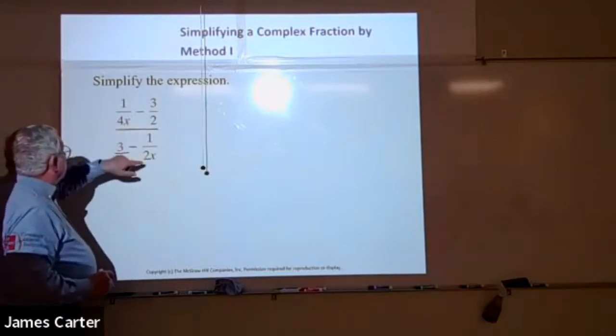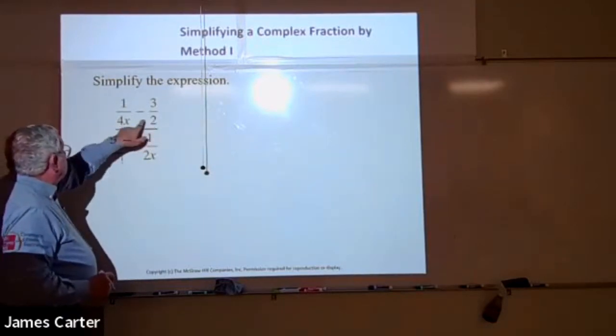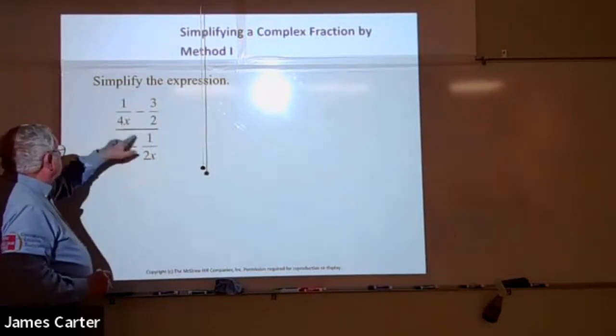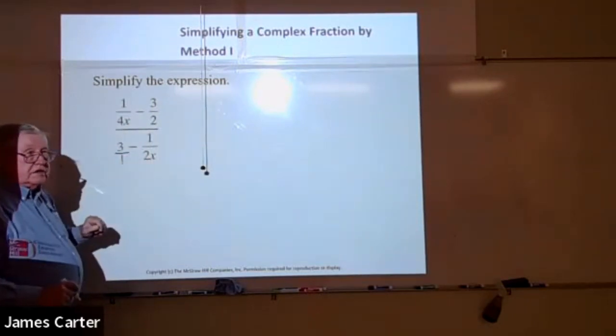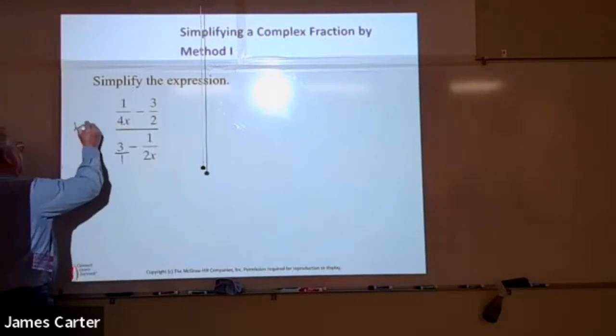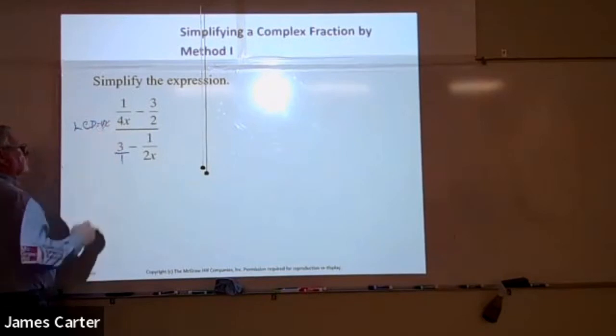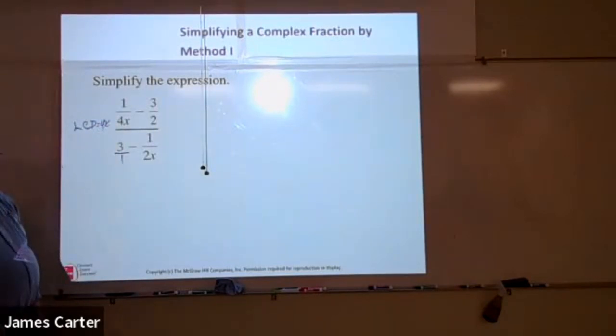Which is going to be, well, 4x, 2 will go into 4x, so it's still 4x, 1 will go into 4x, and 2x will go into 4x. So my least common denominator of all 4 is going to be 4x. So that was my first step.